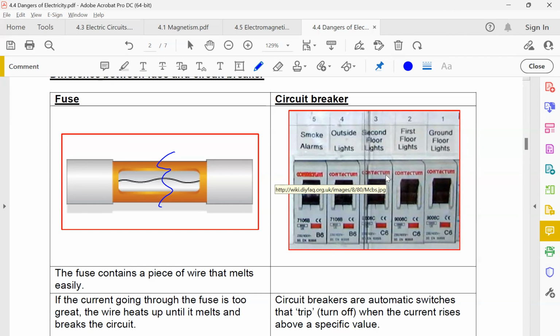So this guy, see, these different buttons are for different phases of this place.